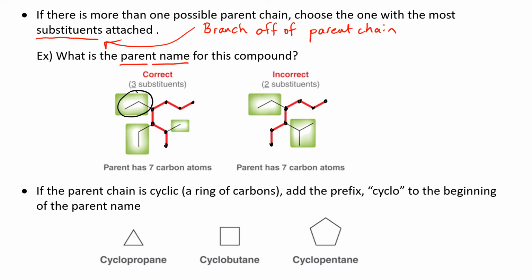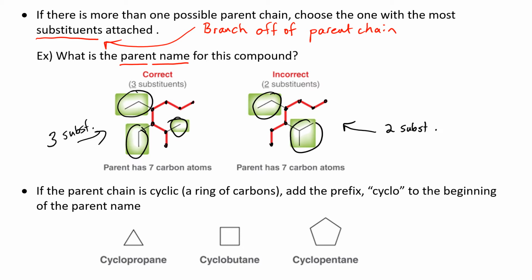So I see a branch here off of the main chain, I see a branch here, and I see a branch here. So we have 3 branches or 3 substituents versus a parent chain that has 2 substituents. Therefore, this is your correct parent chain. And a parent chain with 7 carbons is called heptane.